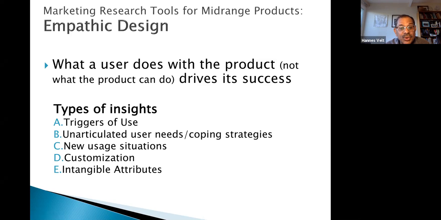Unarticulated user needs, coping strategies, new usage situations, customization, intangible attributes. Can any of you share any experiences that you might have had where you had this kind of coping strategy? The thing was not perfect when you bought it, but there was a shortcut or workaround to the problem.